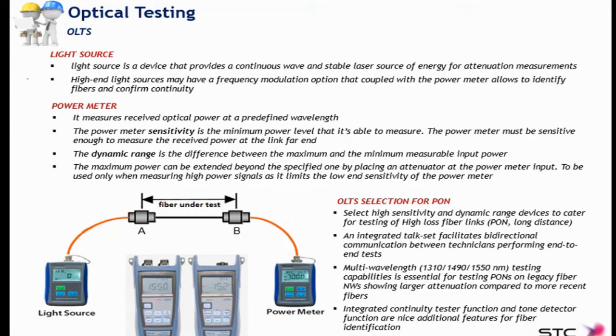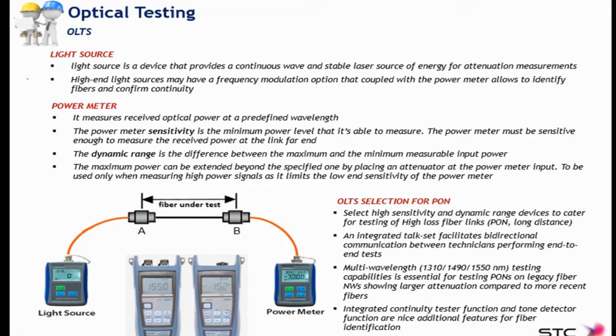So an important parameter when selecting the power meter is the sensitivity. The sensitivity is the minimum power level that the instrument is able to measure. Make sure that the power meter sensitivity is good enough for the type of network that you are characterizing.